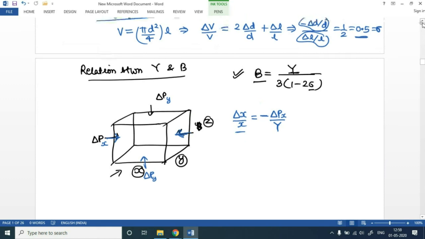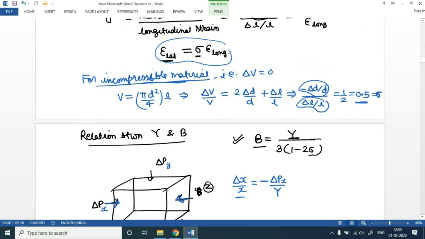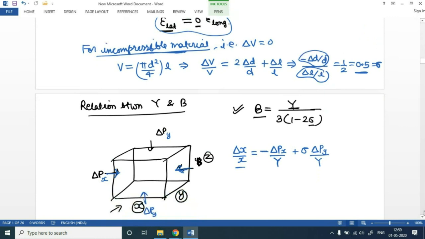We can use the above formula: E lateral would be sigma times E longitudinal, and E longitudinal would be nothing but delta Py upon Y. Similarly, we exert pressure from this side, delta Pz, from these two ends. With respect to this force, the x direction would be the lateral direction, so we can write sigma into delta Pz upon Y.